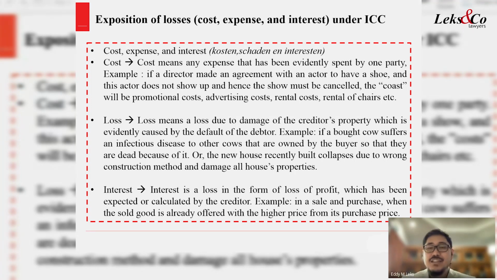So that is the interest. That is the loss of profit. 120 minus 100. So that's actually the interest. So when this trader cannot buy the product because the supplier is in default, right?